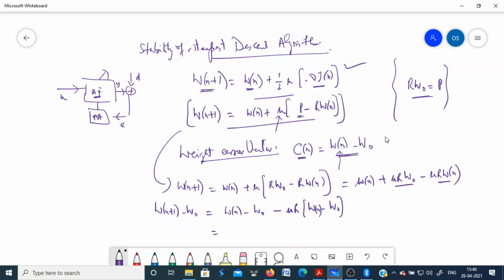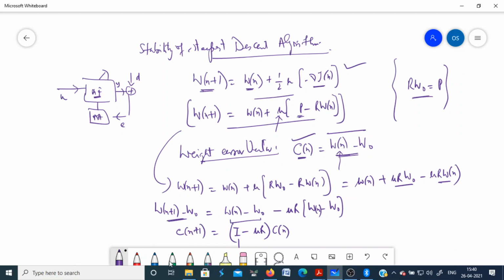So Wn minus Wo is common, and you can write it as I minus mu R into Wn minus Wo, which is defined as Cn. I is the identity matrix, and the left side becomes C of n plus 1.